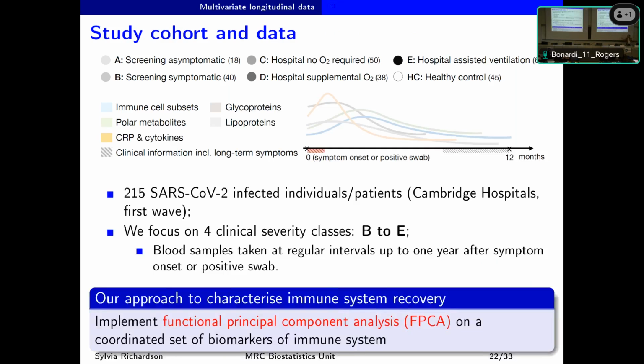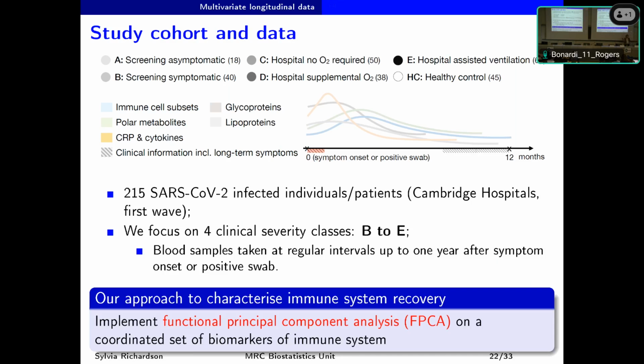But for the longitudinal analysis, I will just look at 4 categories of patients, which you see here, B to E. Starting with non-hospitalized, patients who were symptomatic but did not need to go to hospital, then hospitalized patients who did not require oxygen and were just monitored, then the people who had supplementary oxygen in darker gray, and then those on ventilation, which are black.